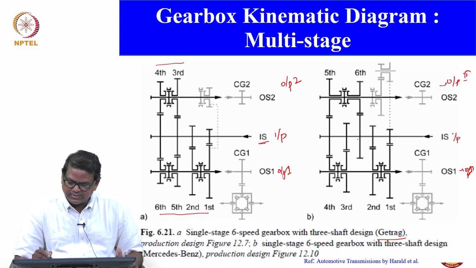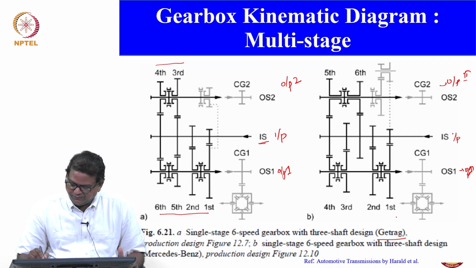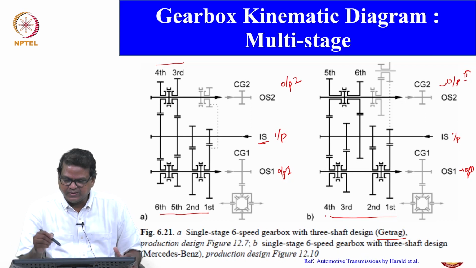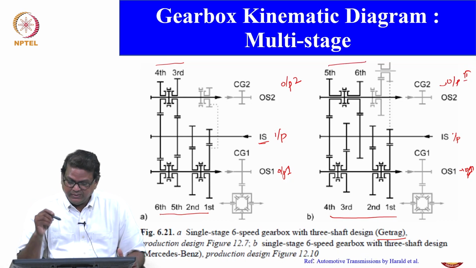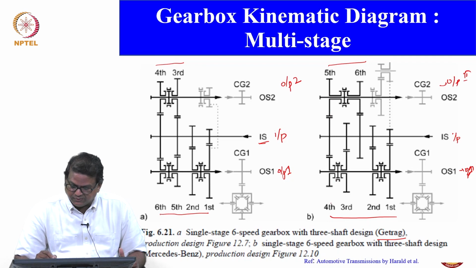Here also in this arrangement, the first 4 gears are in output shaft 1, and the highest speeds are in output shaft 2. But the common gear meshing for the 5th gear in output shaft 2 will also mesh for the 4th gear in output shaft 1.